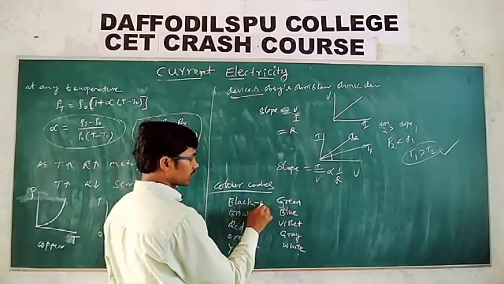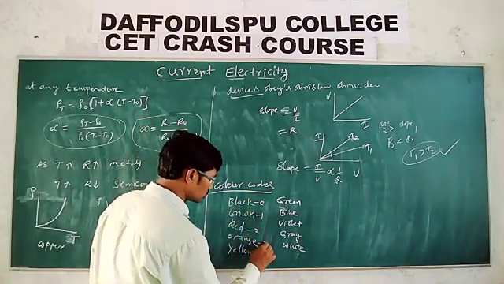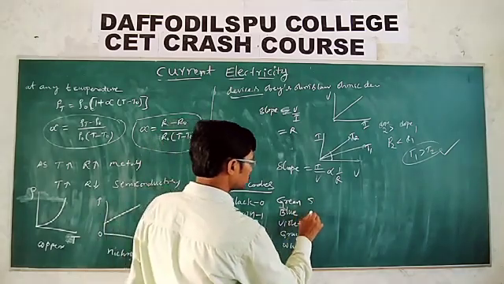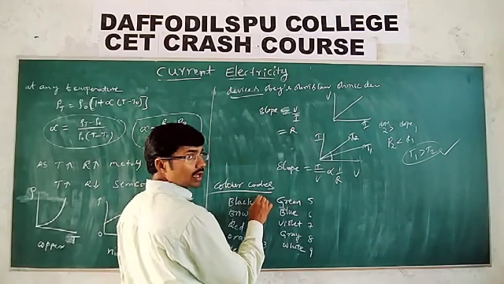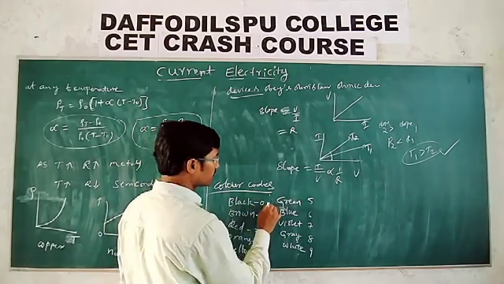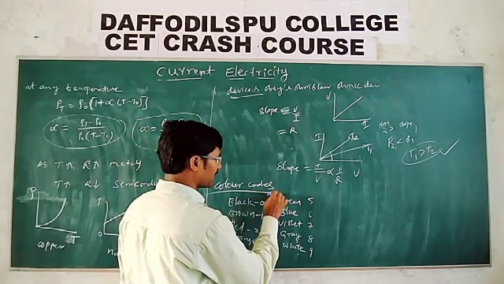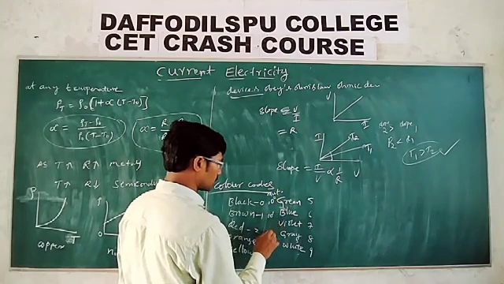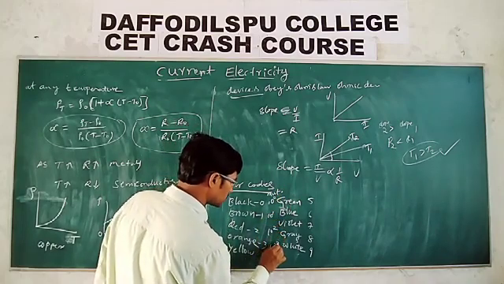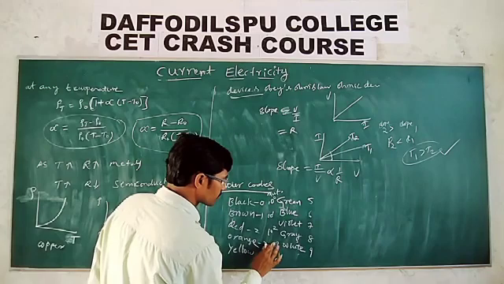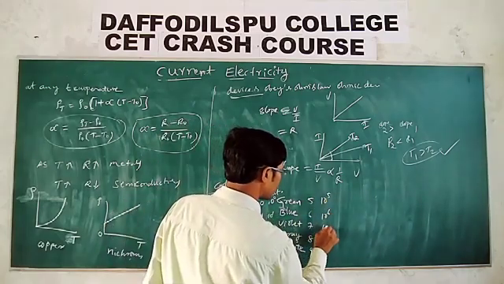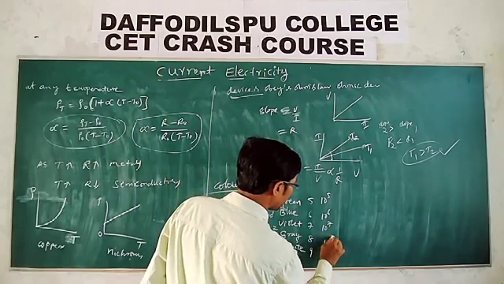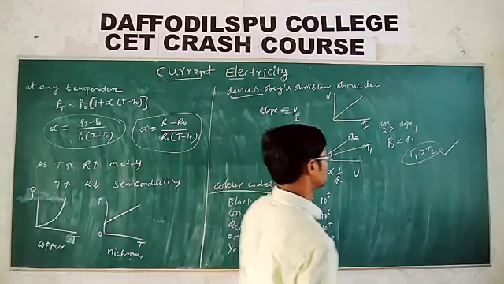Now we take the numbering 0, 1, 2, 3, 4, 5, 6, 7, 8, 9, and these are the digits. And we take the multipliers 10 power 0, 10 power 1, 10 power 2, 10 power 3, 10 power 4, 10 power 5, 10 power 6, 10 power 7, 10 power 8, 10 power 9.